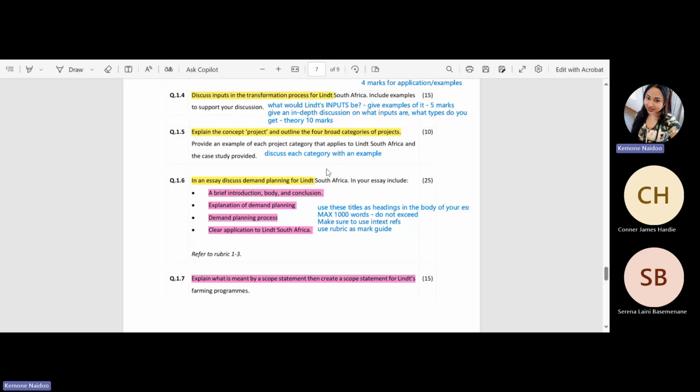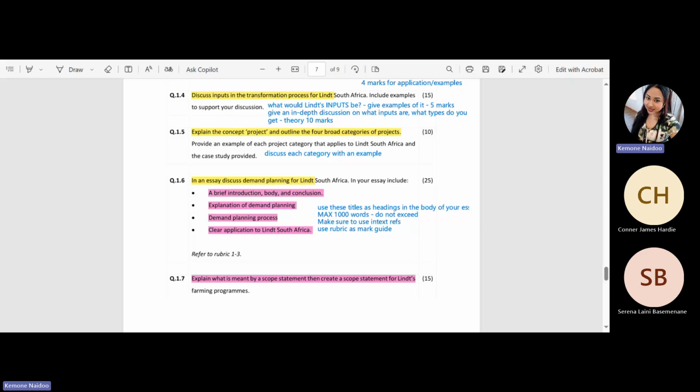So just go back to that and look at what those two types are and then elaborate on those. Okay, so again, we will go into detail with some theory after this so that you do have more of an understanding. But for now, I hope this question does make sense.